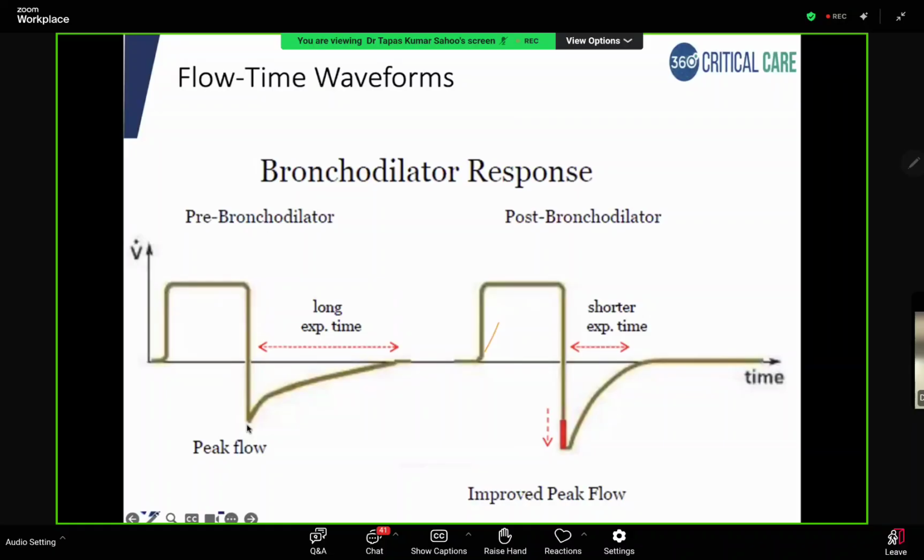Pre-bronchodilator, you see the peak flow is stuck here and it is taking a long expiratory time. Now, if you have started your COPD patient on nebulization, what is happening? Post bronchodilator, the expiratory time is now getting shorter because the bronchospasm is being relieved with the bronchodilators. Clear?